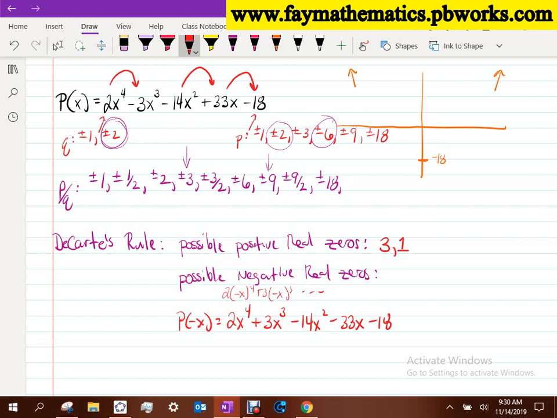So now I'll check my variations in sign. Positive, positive, that doesn't count. Positive, negative, there's 1. Negative to negative, negative to negative. So I only have 1 possible negative zero. Does that make sense? Now if I wanted total possible real zeros, I could have 3 paired with 1, so I could have 4.